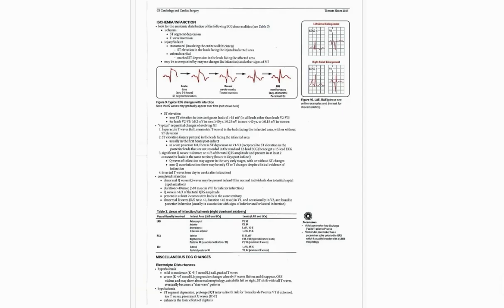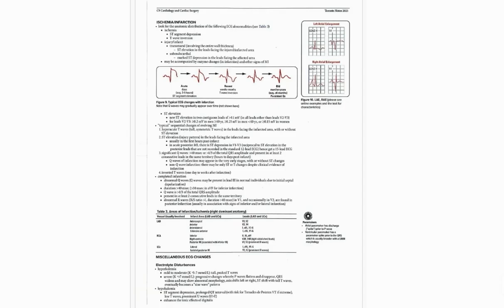This change usually develops within the first few hours. As the infarction progresses over hours to days, pathological Q waves may appear, indicating irreversible myocardial necrosis. Finally, over days to weeks, the T waves invert, reflecting myocardial reperfusion and healing.